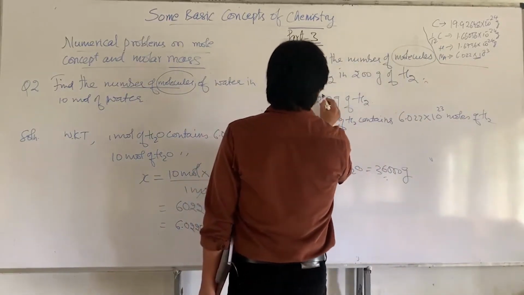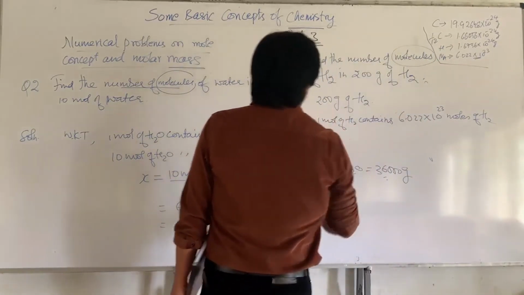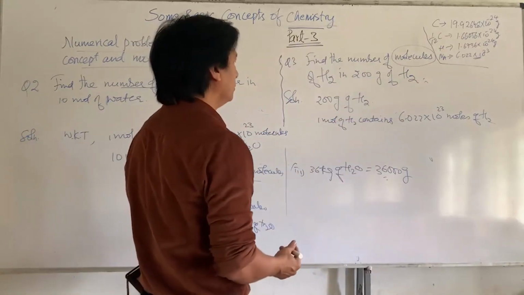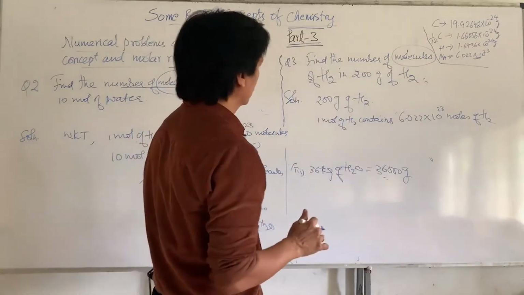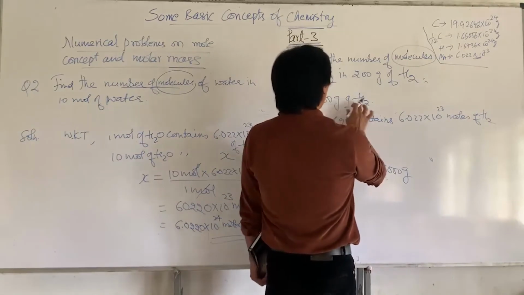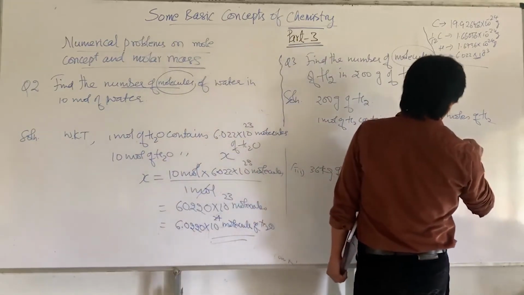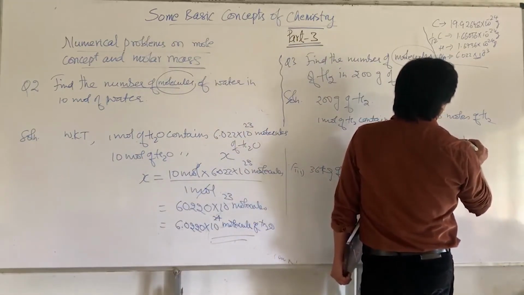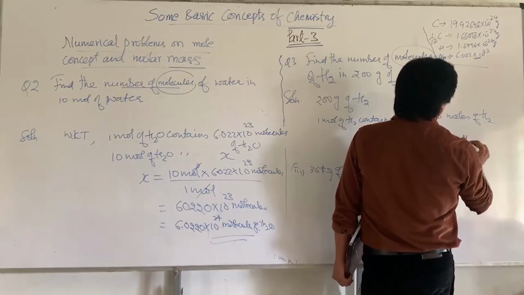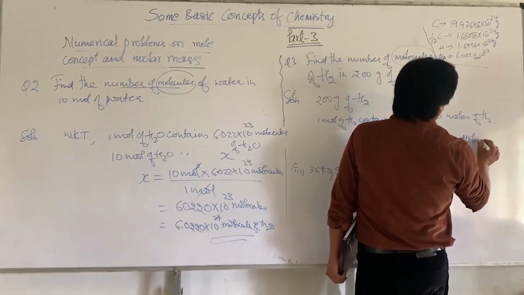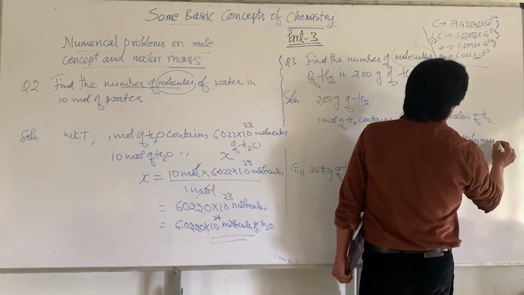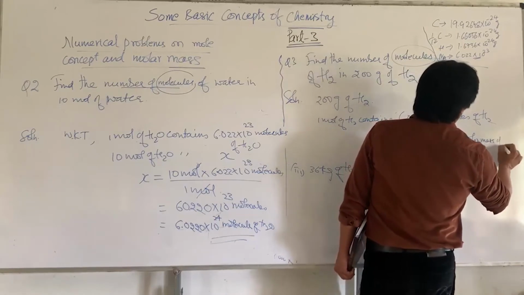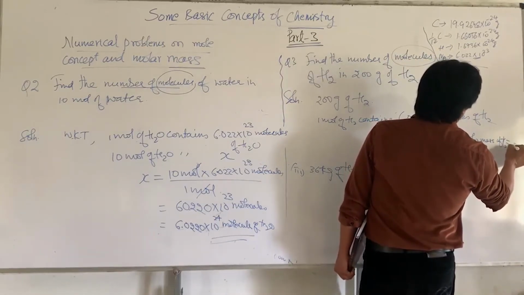Now this 200 grams of dihydrogen should be converted into moles. We know that the molar mass of dihydrogen is 2 grams, right?